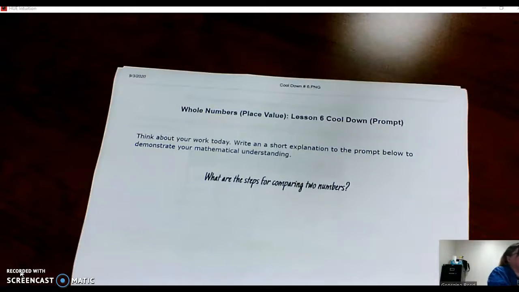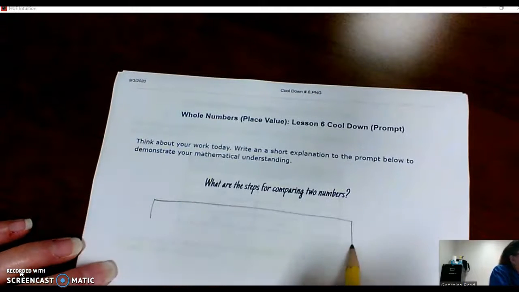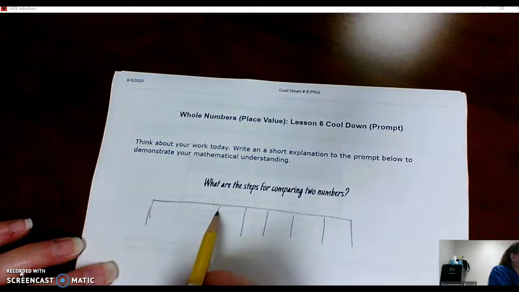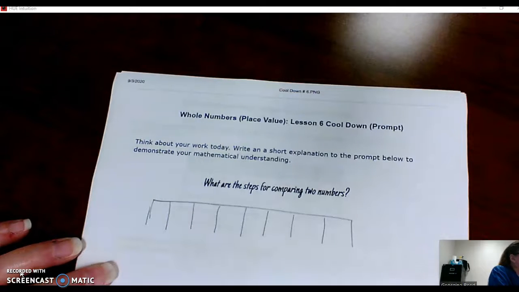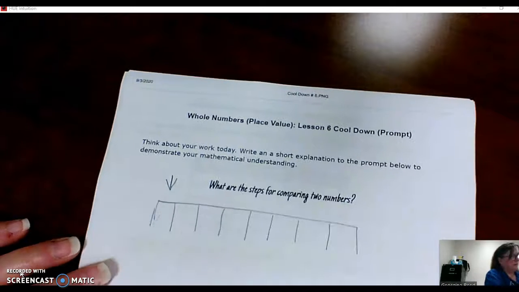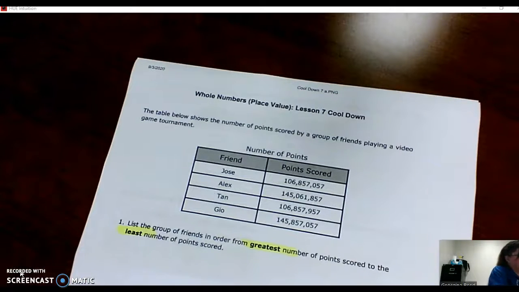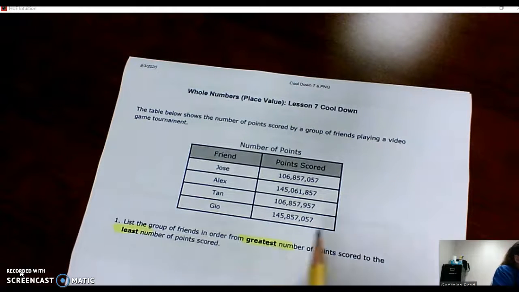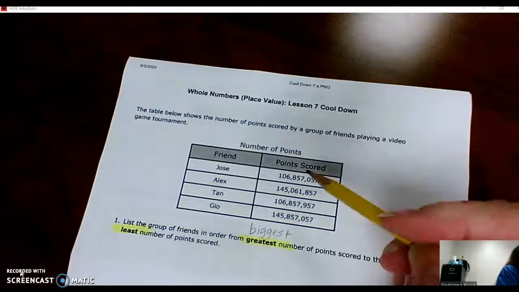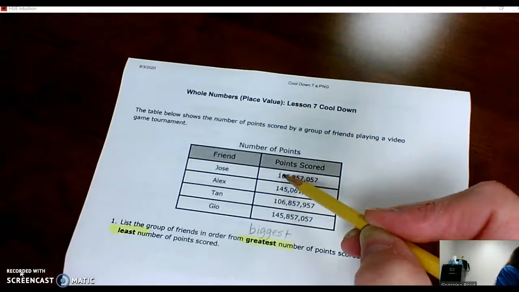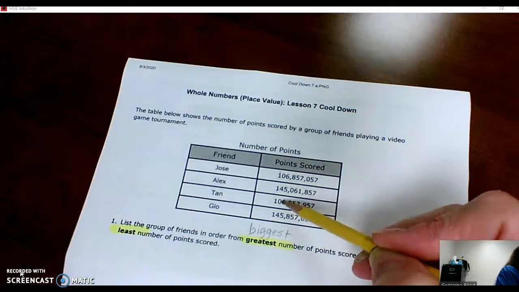Okay? What are the steps for comparing numbers? Always put your numbers in a place value chart so you can compare numbers. Okay? You start on the left-hand side and look for comparison of numbers. Here's an example from the greatest. So my first one should be the biggest number. Greatest means biggest. So I look here. These are all the same. So I move to the neighbor. I have 2 zeros and 2 4s.